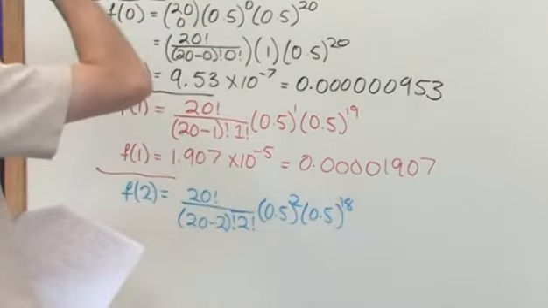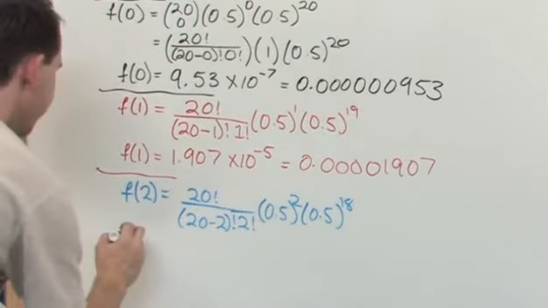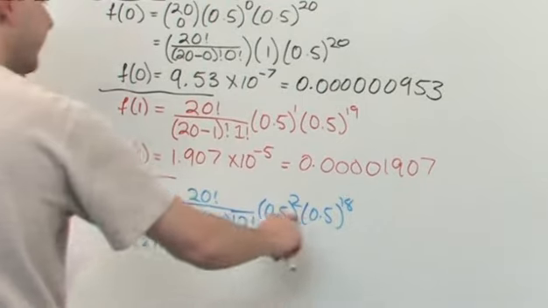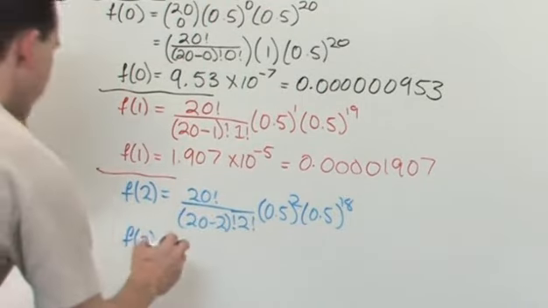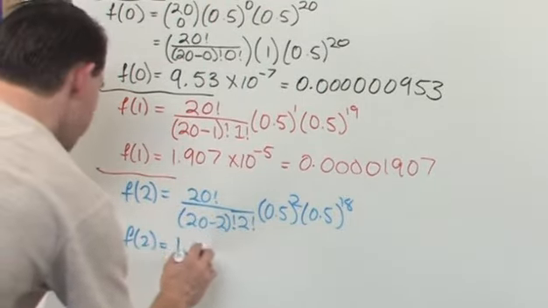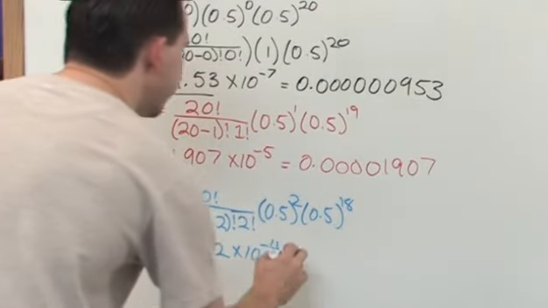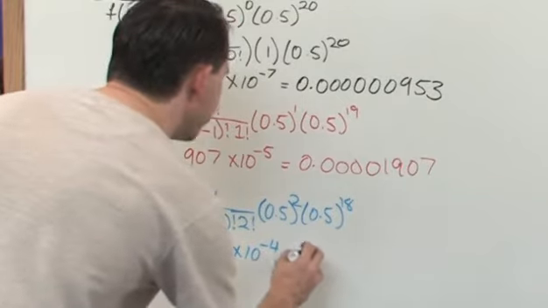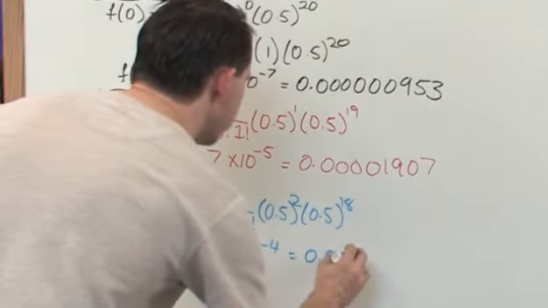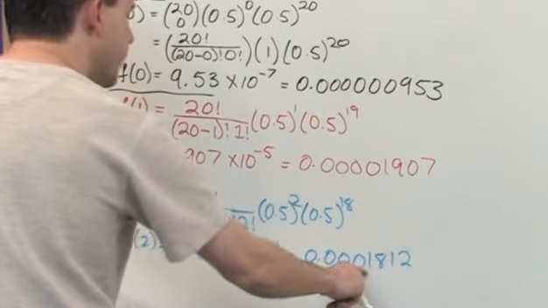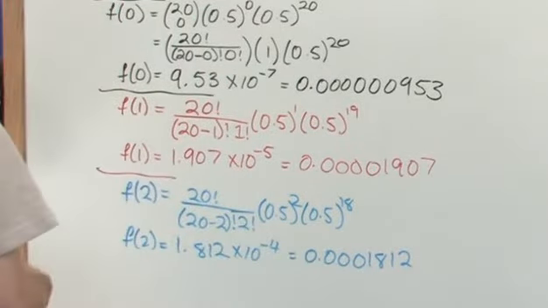These are the 18 other guys that they hired in that trial. And if you do all this factorial dividing by this stuff times all of these things here, what you're going to get is 1.812 times 10 to the minus 4, which again, if scientific notation really isn't your thing, that's 0.0001812. Scoot the decimal 4 places to the left. That's all that means, okay?